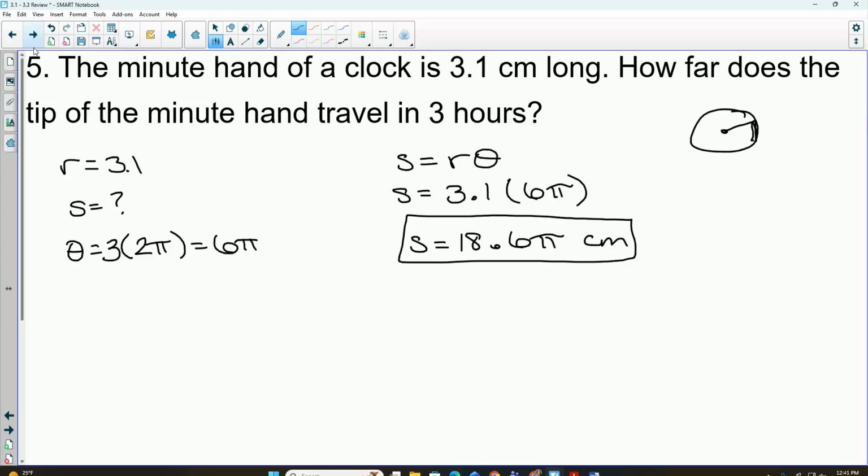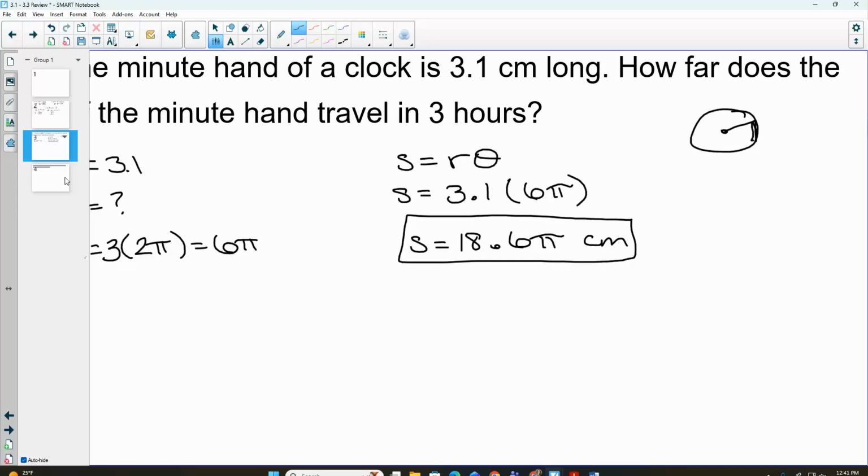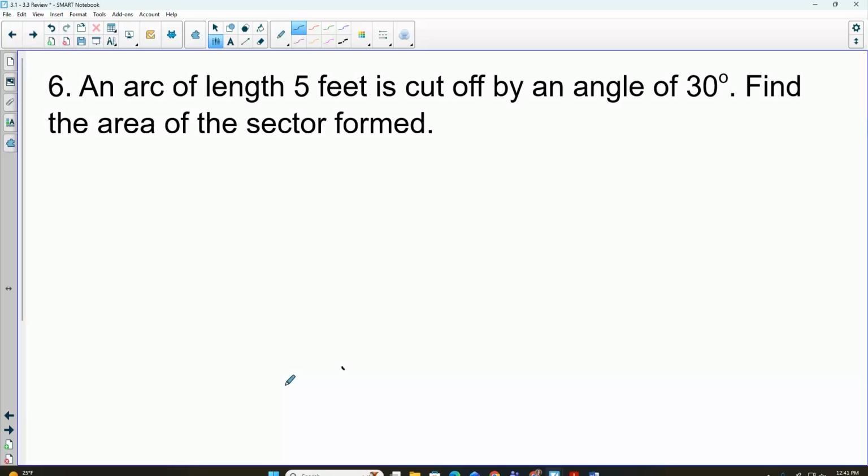Let's try another review problem. An arc of length 5 feet. What variable am I giving you? Is cut off by an angle of 30 degrees.